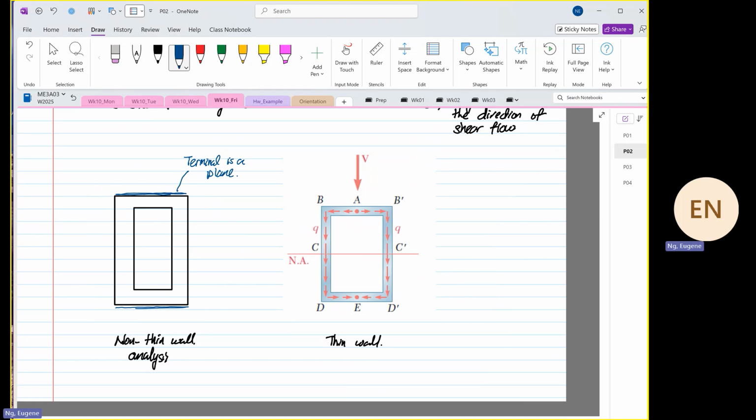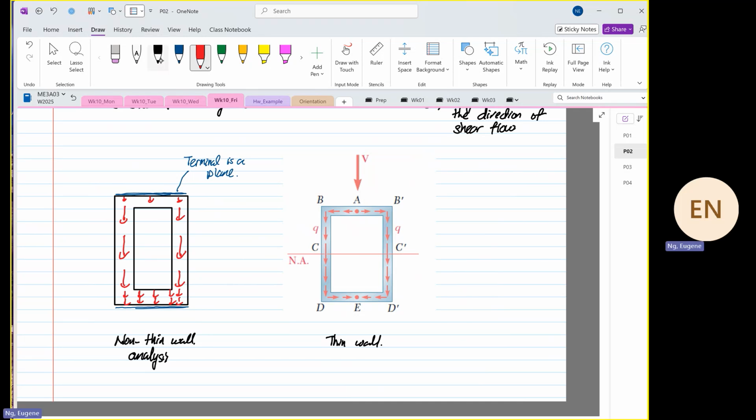So when we design our shear flow, it looks like this. Yes or no? Right? So you can see the difference already between thick wall and thin wall.